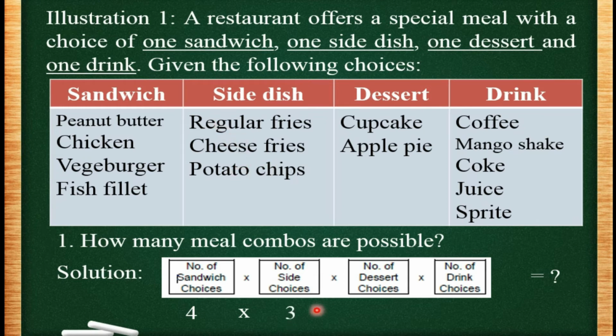That's 3. Times the number of dessert choices, where you have 1, 2. Times the number of drink choices. That's 1, 2, 3, 4, 5. Multiplying 4 by 3 by 2 by 5, that is equal to 120. Therefore, N of S is equal to 120.